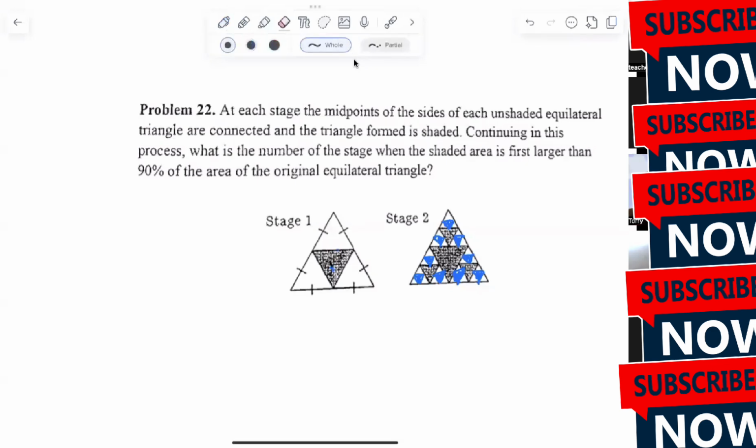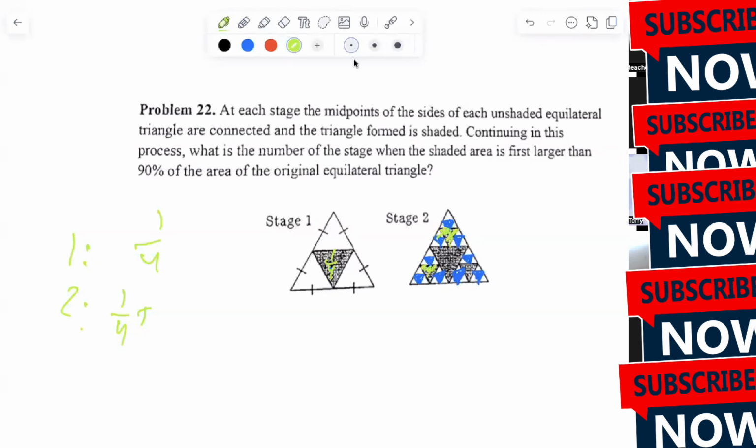Okay, nice. So from there, stage 1 is 1/4. Stage 2: now it keeps the original small triangle, so it's already 1/4, plus these smaller triangles over here.